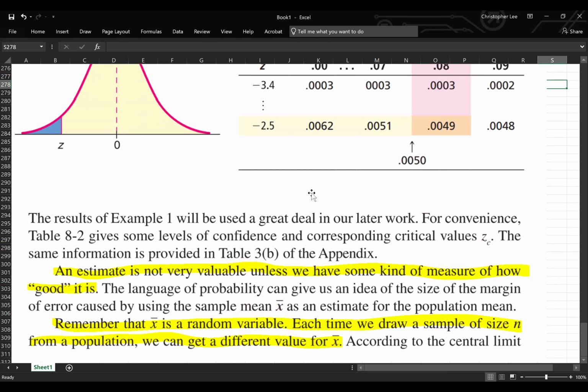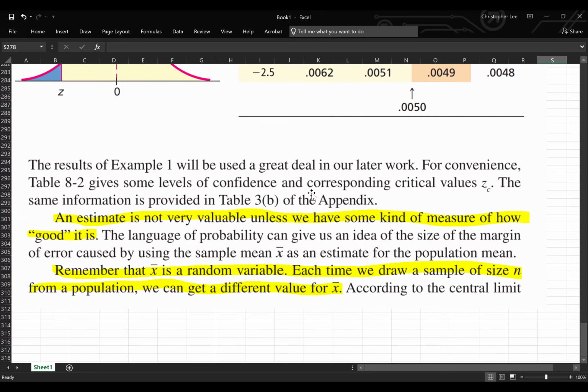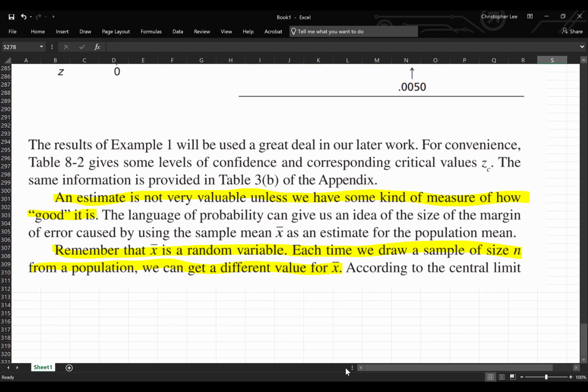The language of probability can give us an idea of the size of the margin of error caused by using the sample mean X bar as an estimate for the population mean. Remember that the sample mean is a random variable. Each time we draw a sample of size n from a population, we can get a different value for the sample mean. So according to the central limit theorem, let me finish that idea before I show y'all.